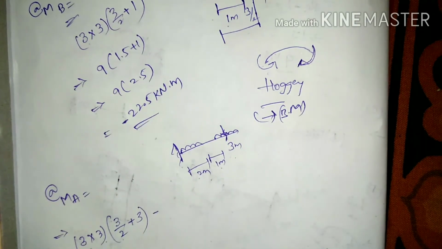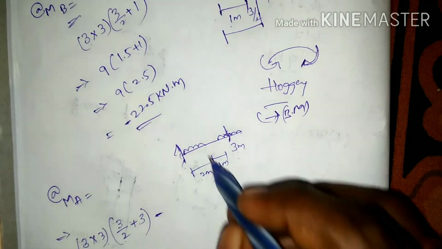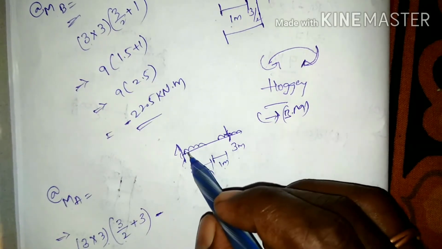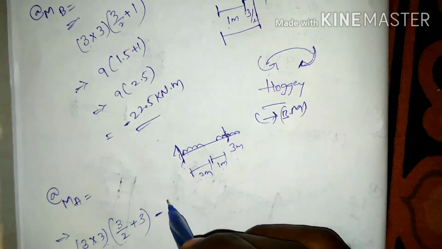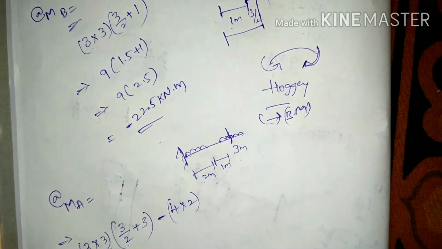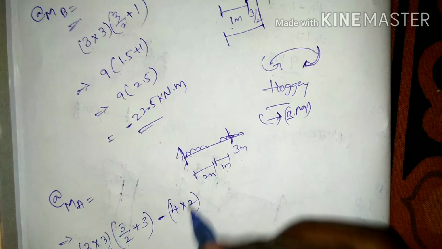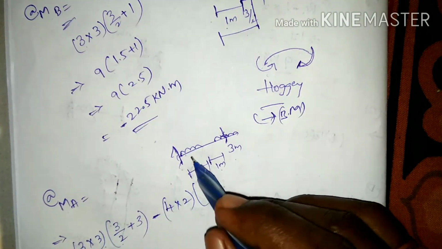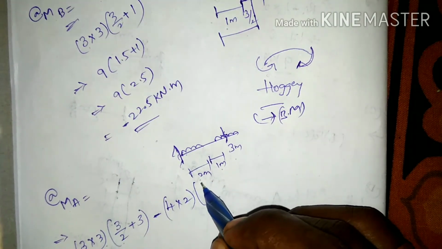And next this is also negative, and next we have only one UDL, that is 4 into 2, which converts the UDL into a point load, and taking the moment about A, that is 2/2.